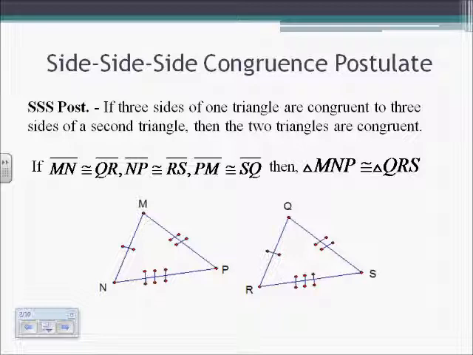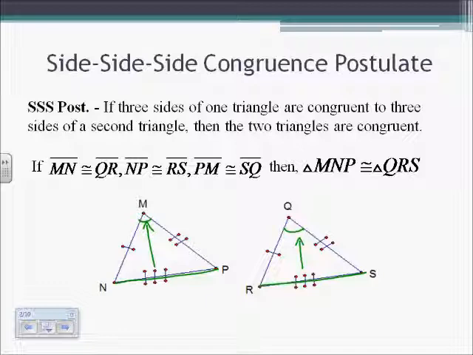Kind of doing a little informal explanation of that, we know that if we have a side congruent, for instance NP here and RS, then the angles across from them, the opposite angles, angle M and angle Q, must be the same, because you can only construct the angles one way to get that side length.